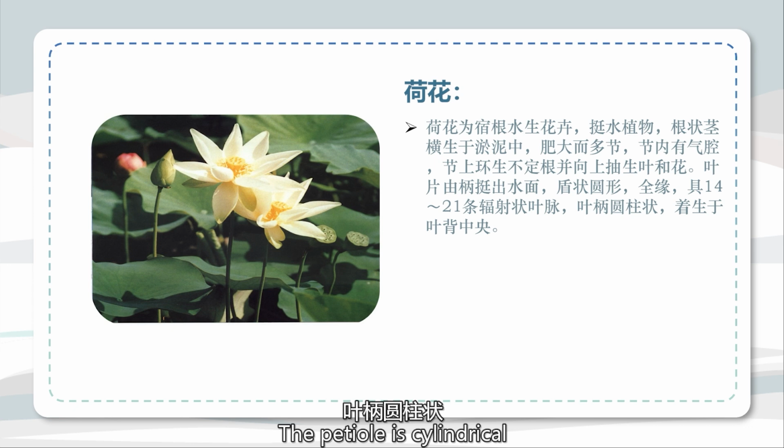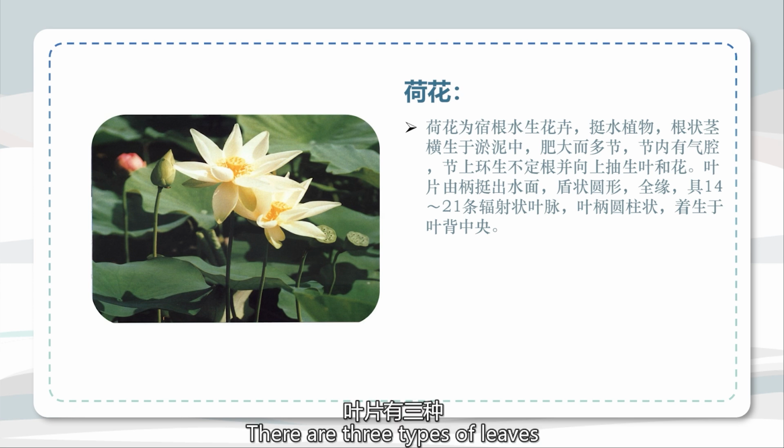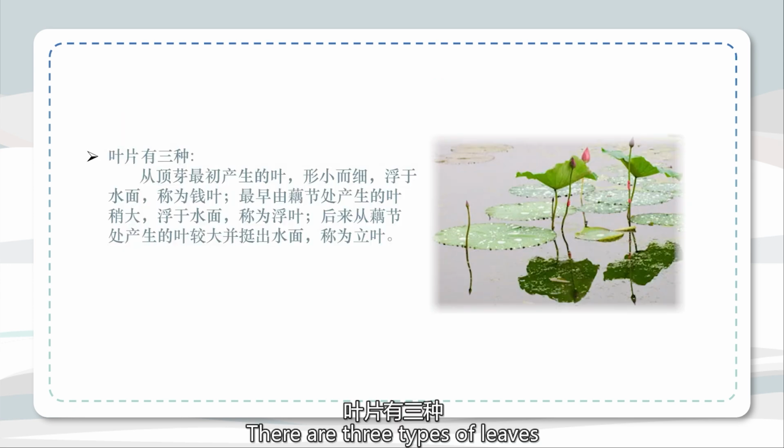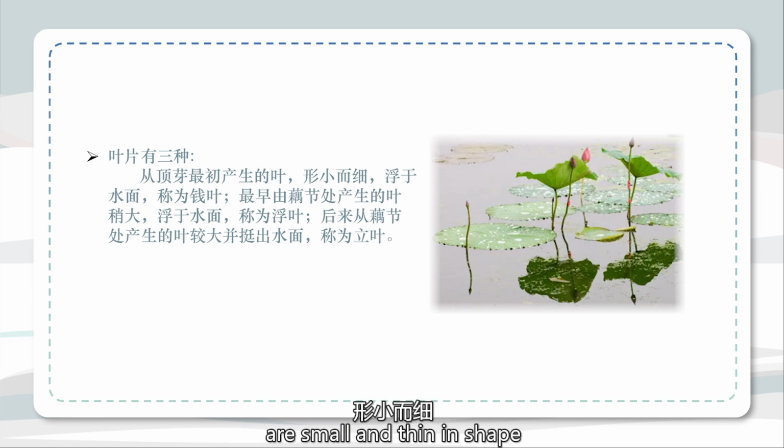The petiole is cylindrical and attaches to the center of the leaf. There are three types of leaves. Those that originate from the apical bud are small and thin in shape, float on the water surface, and are called money leaves.